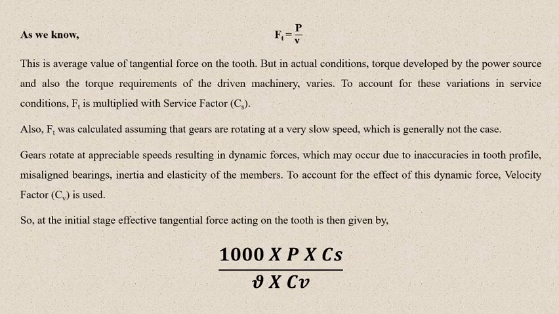In practice, in industries, there are many more factors which we need to add with the tangential load, but theoretically here we are considering only two factors, that is velocity factor and service factor. So in other words, when gears are under service, they will undergo different types of loading actions, and because of this reason effective value of load comes into play.